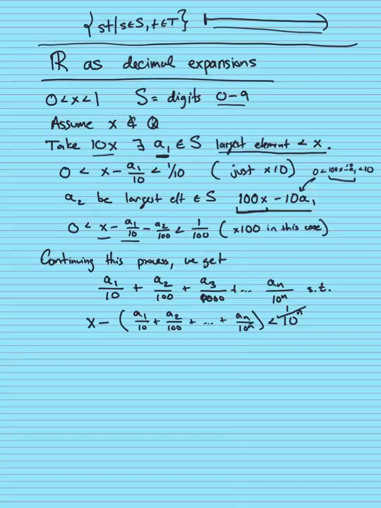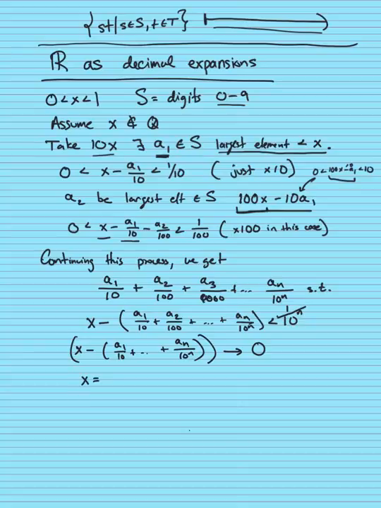So in other words, this sequence, x minus this sequence over 10 to the n, approaches 0, and therefore the sequence itself converges to x.